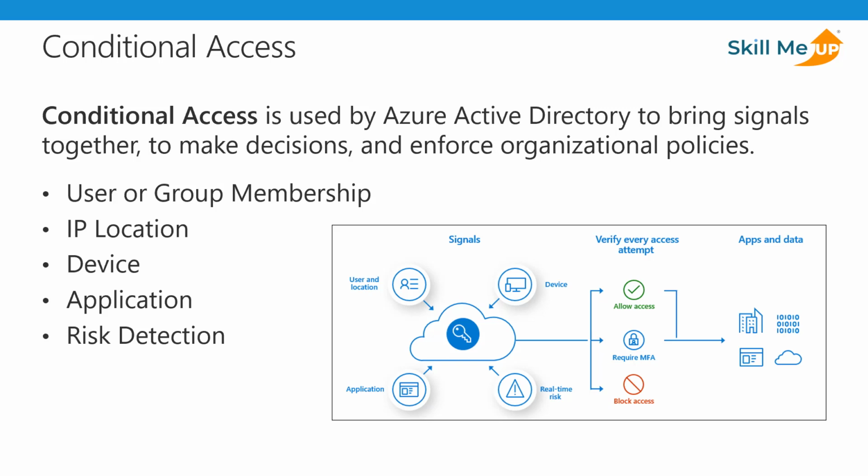Maybe we need to go and challenge them for multi-factor authentication because it's a high security administrative tool. And then we could say if it doesn't match any one of those 4 signals, then we just deny their access. And this happens before anything has even touched the application. This is the gateway to get into those applications. Right.